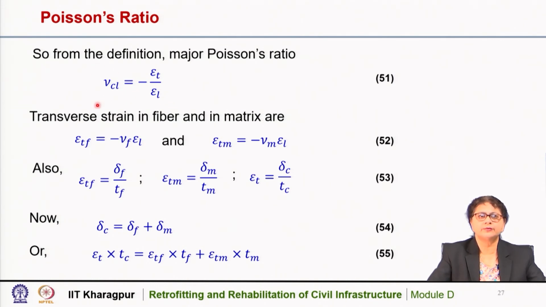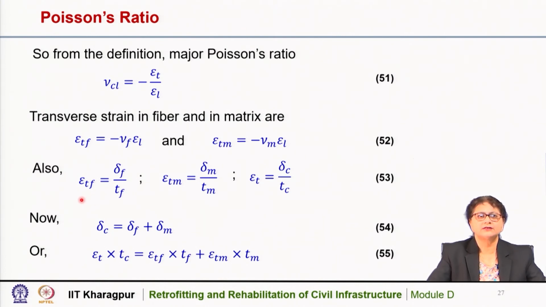So, here for the composite, the major Poisson's ratio, that is nu CL, can be written as nu CL is equal to minus epsilon T by epsilon L. The transverse strain in the fiber and in the matrix can be written as epsilon T f is equal to minus nu f into epsilon L. Similarly, epsilon T m is equal to minus nu m into epsilon L. So, this is the Poisson's ratio of the matrix, and this is the Poisson's ratio of the fiber part.